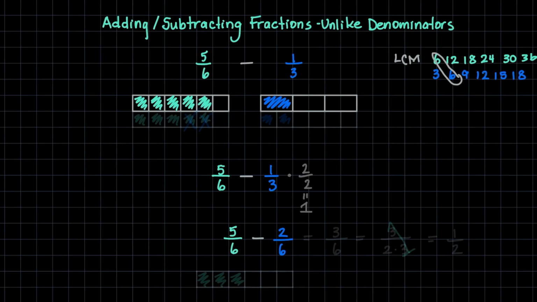Okay, let's take a look at what that looks like. Now we have everything in equal size pieces, and those equal size pieces are sixths. So you'll see we didn't have to change the 5 over 6.